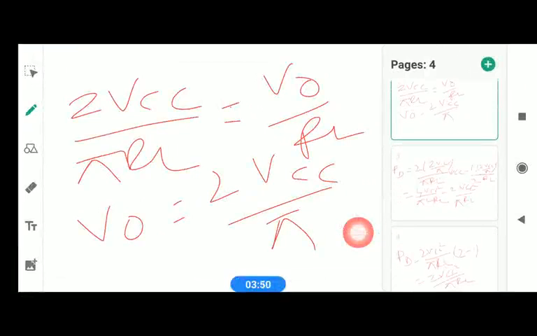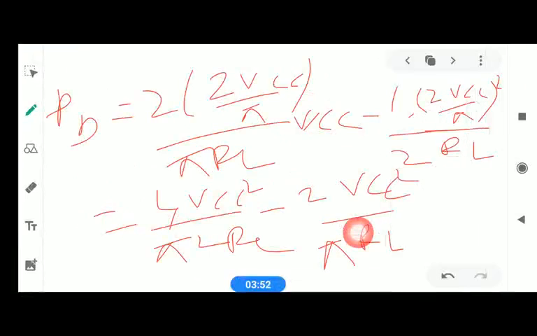Here further, you can see we are substituting V0 as 2 VCC by pi in PD. So here also we substitute V0 square as 2 VCC by pi whole square. Here VCC multiplied gives VCC square, and pi comes down in the denominator, pi becomes pi square.